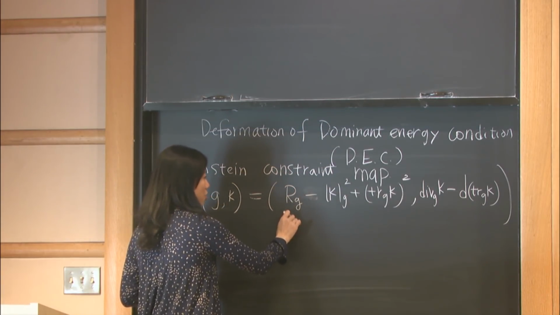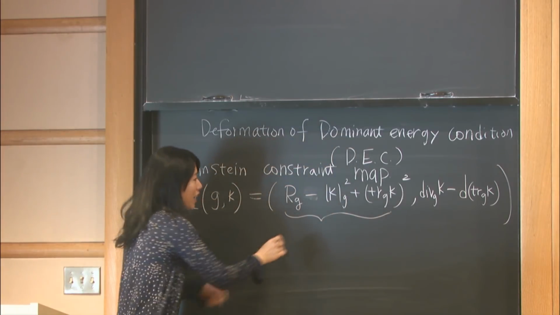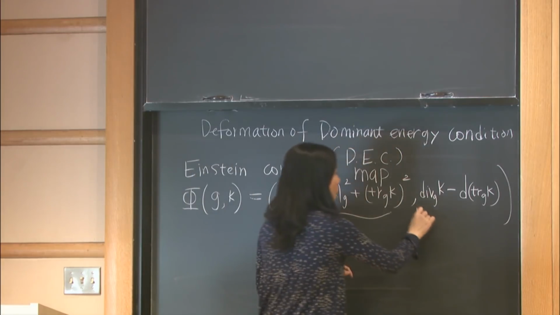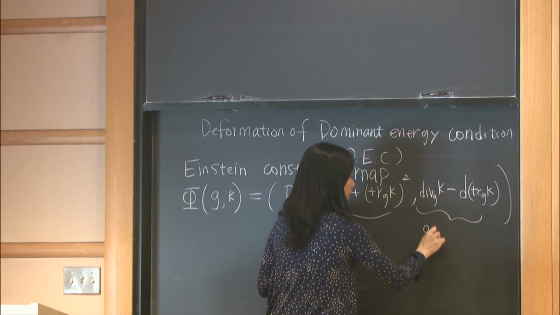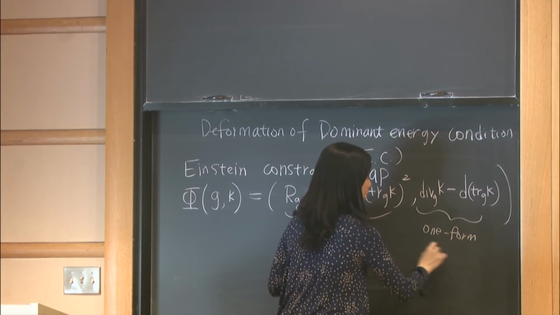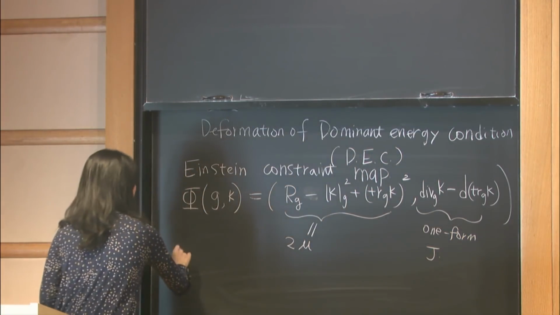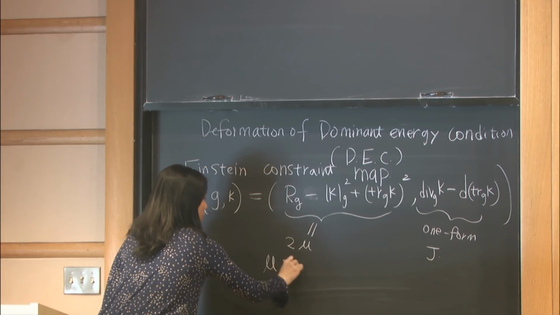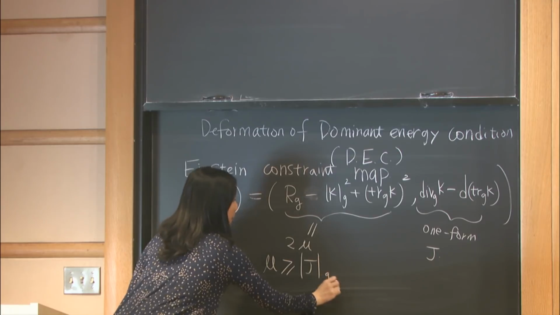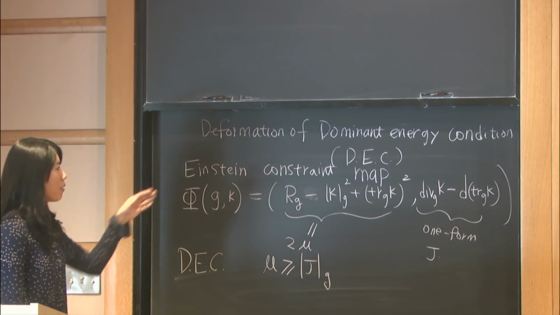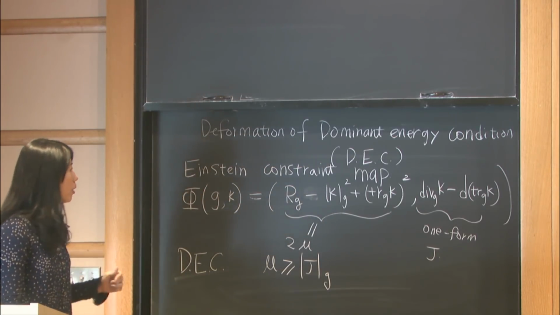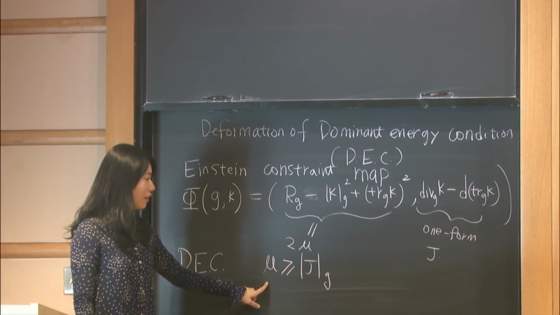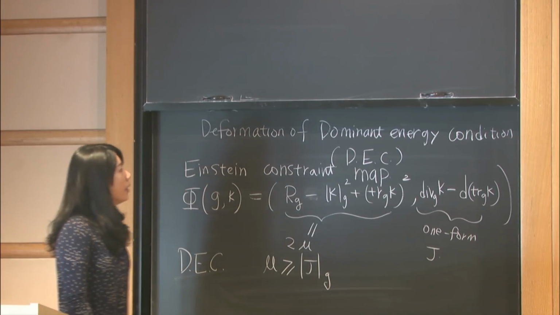So for shorthand notation, this scalar valued function we denote by 2 mu, and this one-form we denote by J. Using this notation, we can rewrite the dominant energy condition as mu greater or equal to the norm of J. Also keep in mind that when k is 0, this recovers the scalar curvature map, and this becomes the non-negative scalar curvature assumption.